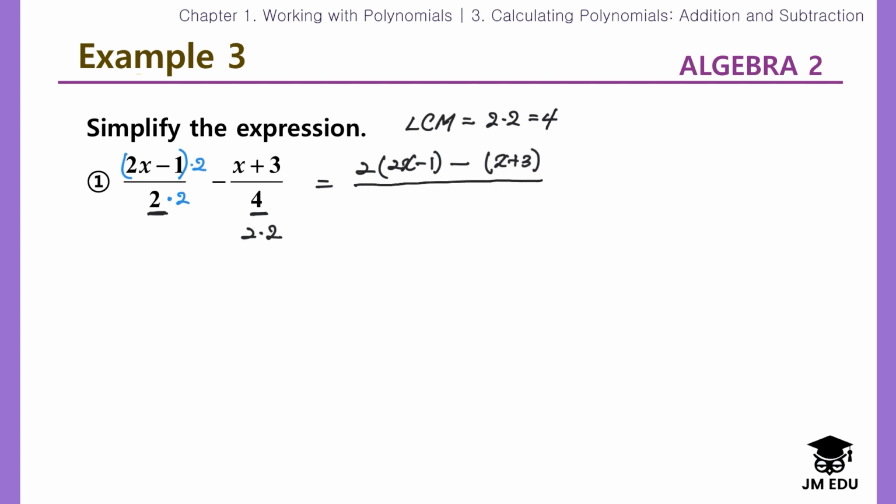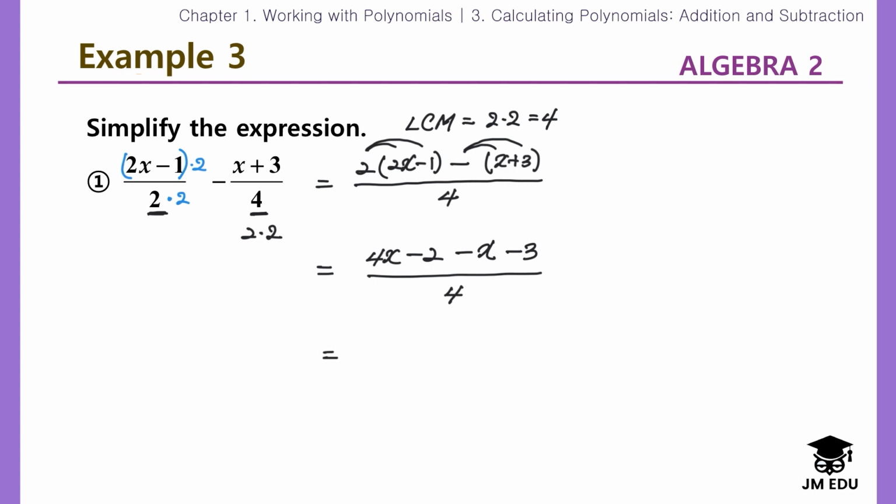All of this expression over the denominator 4, right? So 2 times 2x, that's 4x. 2 times minus 1, that's minus 2. Minus times x, that's minus x. Minus times 3, that's minus 3, over 4.